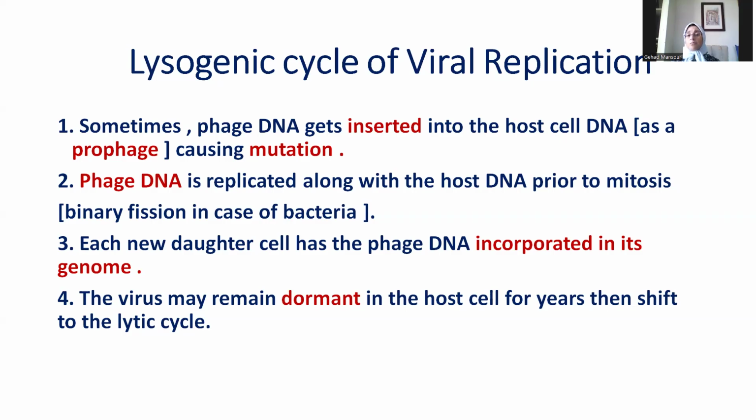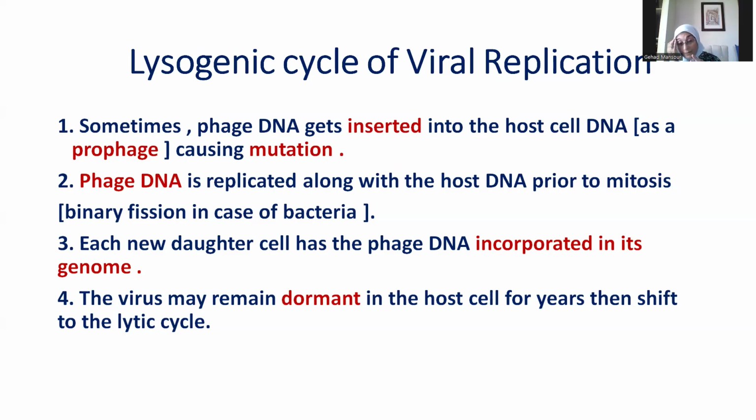The viral DNA will attach itself to the bacterium DNA, forming a prophage. What is a prophage? A prophage is a dormant stage of the cycle that results from attachment of the viral DNA to the host cell or the bacterial cell DNA. This results in a mutation, but it does not result in lysis.